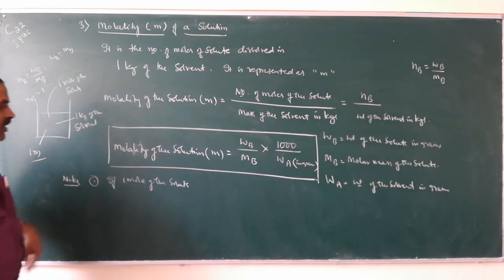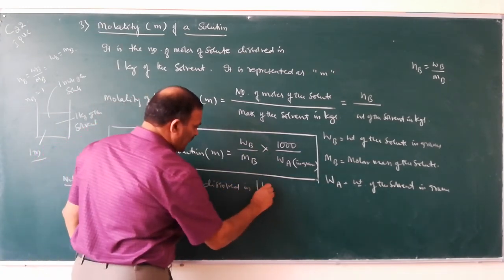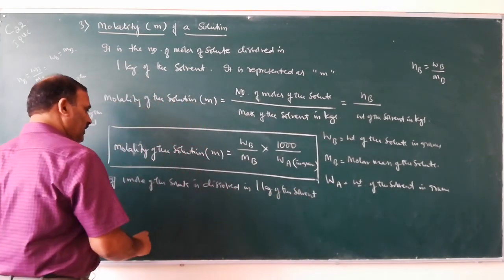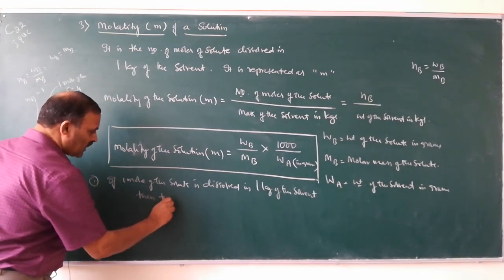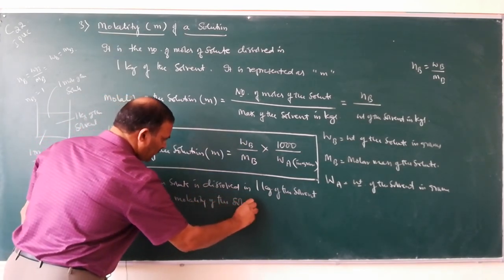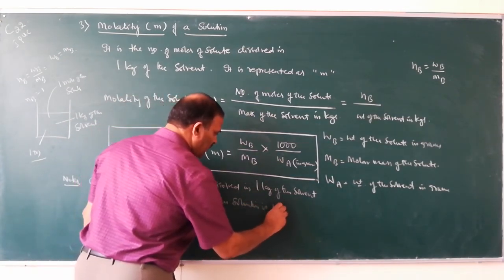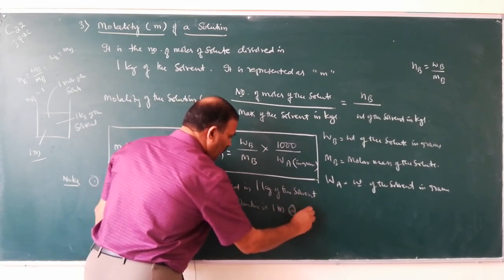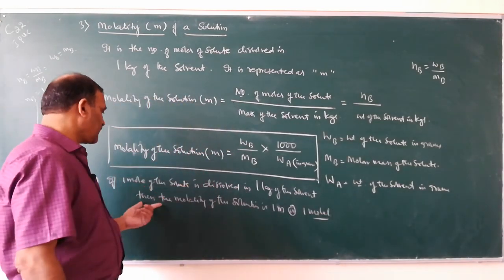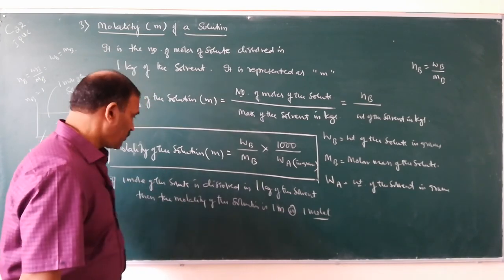If 1 mole of the solute is dissolved in 1 kg of the solvent, then the molality of the solution is 1 m, or it is called a 1 molal solution.